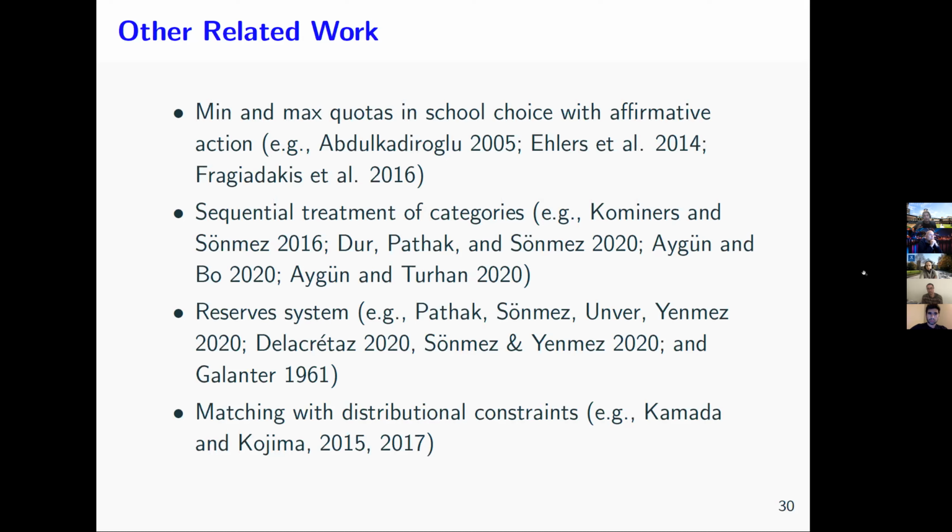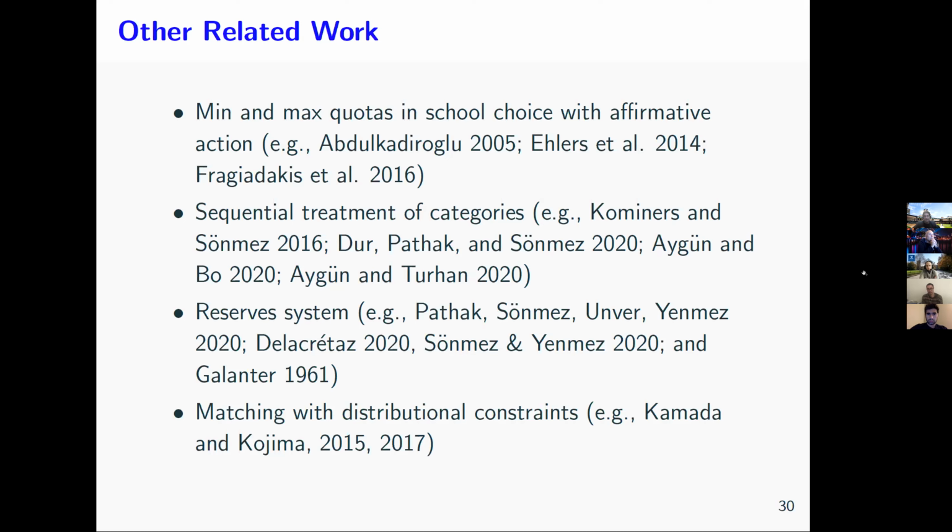In particular, one of the earliest ones is by Abdulkadiroglu in 2005. There are also some works which use either sequential or some kind of iterative greedy process of treatment of categories, and there are quite a few papers which use that. The third bullet point actually is probably the closest to our problem. In fact, the models are quite similar.